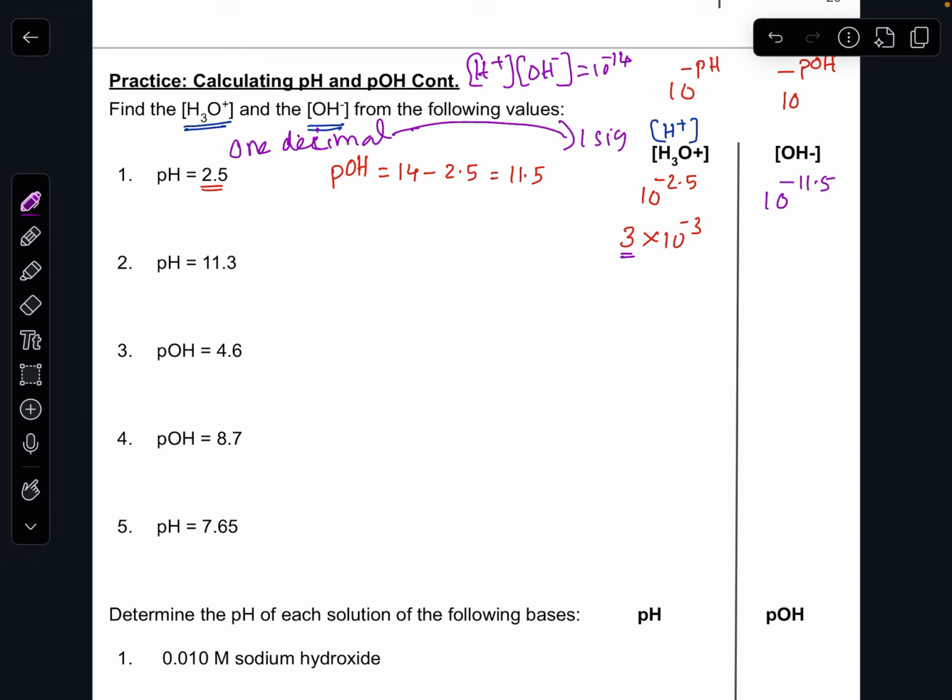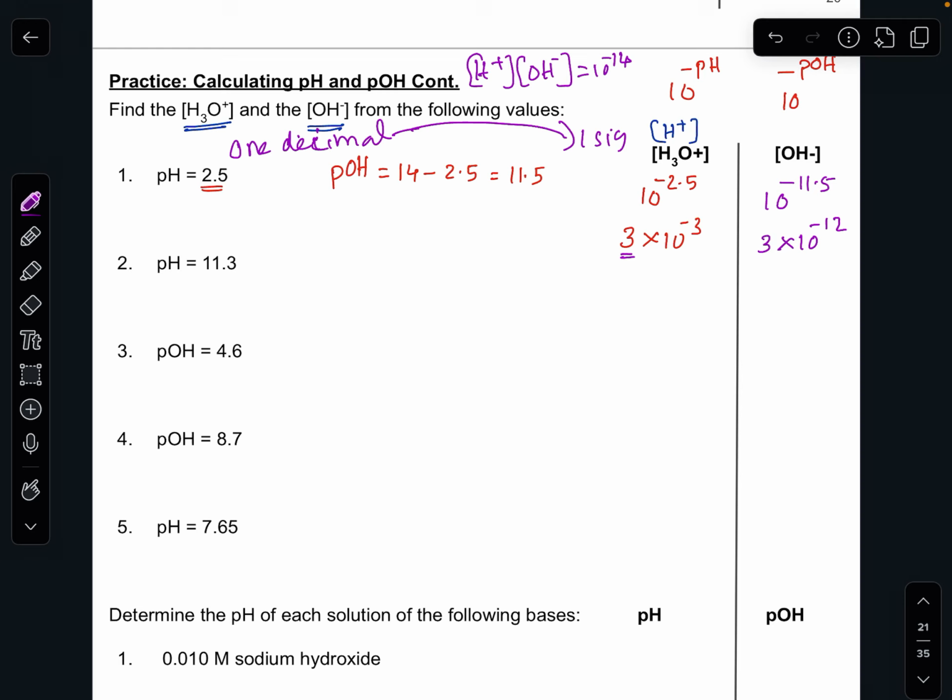Okay, so go ahead and write the answer, which is 3 times 10 to the power of negative 12.